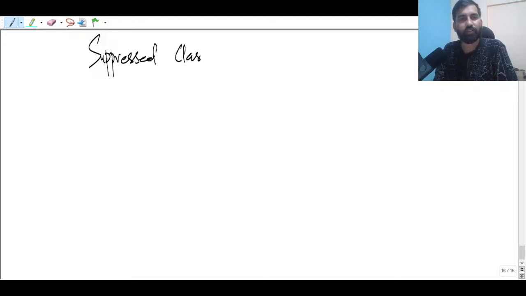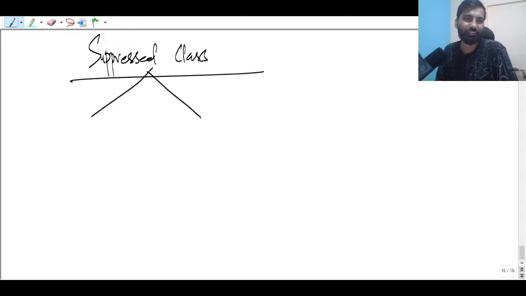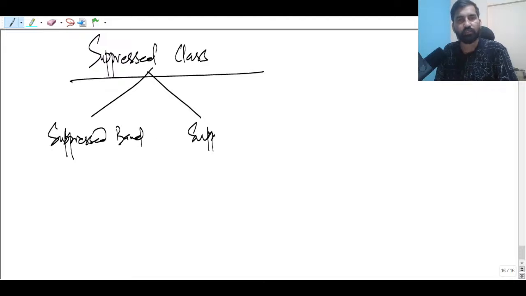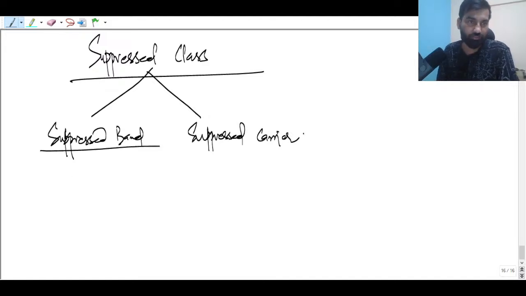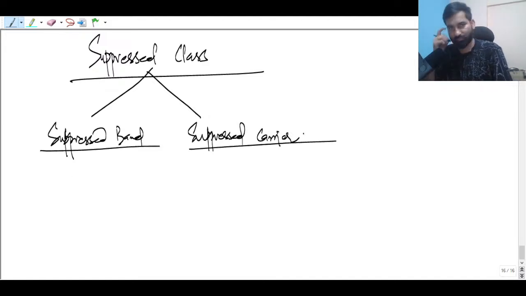What we are going to suppress here is the band, suppressed band, suppressed carrier. We will suppress one of the bands, and the carrier as well. I will explain why we suppress them and what benefit we get, all those things.